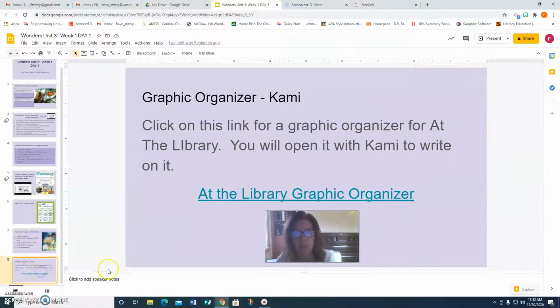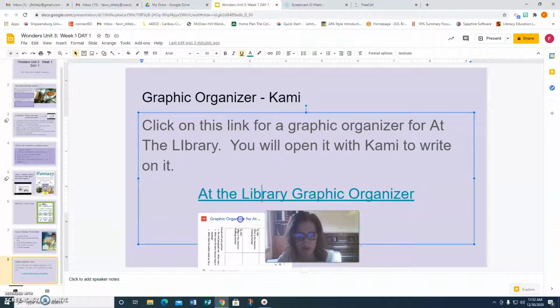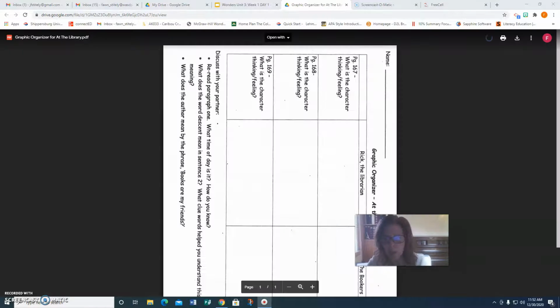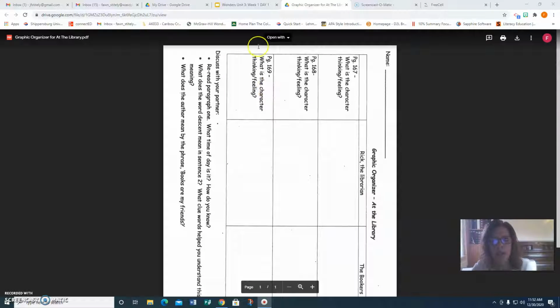What you're going to be doing today, though, after you listen to the story, is you are going to click on this graphic organizer. Now, Mr. Smith has introduced you to how to use Kami, all right? So you're going to annotate with Kami, but as you can see, it is kind of sideways.